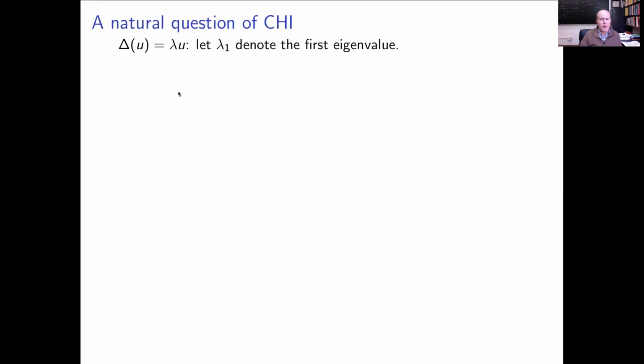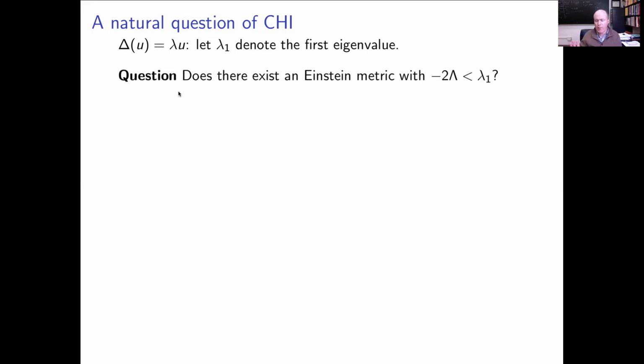Suppose we take an ordinary eigenfunction of the Laplacian, let's call it u, and let's look at the first eigenvalue. So the question that they were interested in is, can you find an example of an Einstein metric? Remember, I'm always dealing with closed Einstein manifolds, so the Einstein constant is positive, such that the first eigenvalue is bounded below by minus 2 lambda.